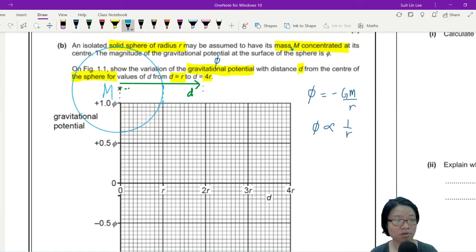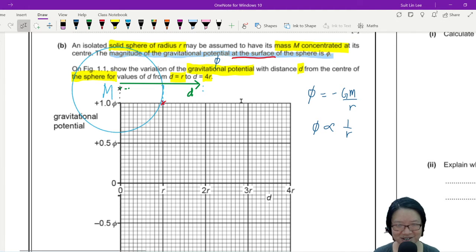It also says here that the magnitude of the gravitational potential at the surface is phi. So at the surface will be at this particular point here, 1 phi.